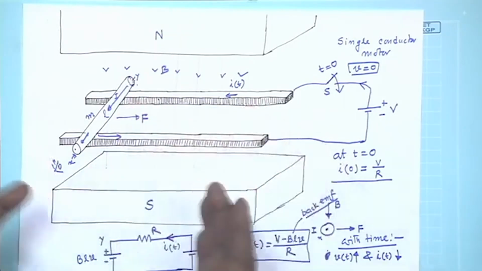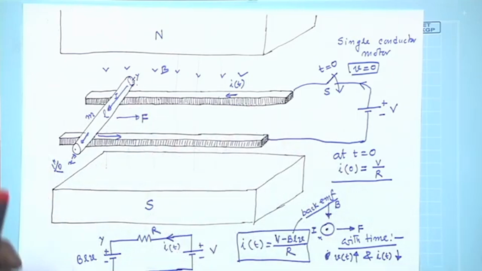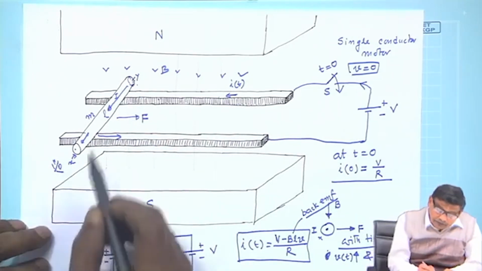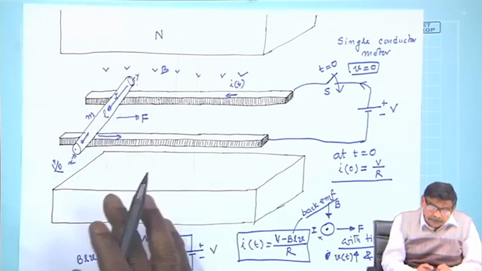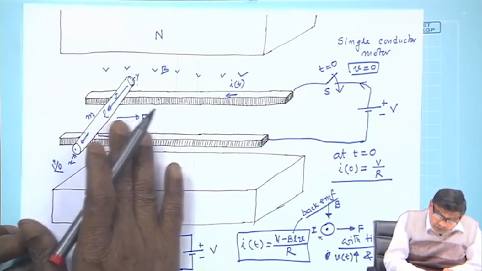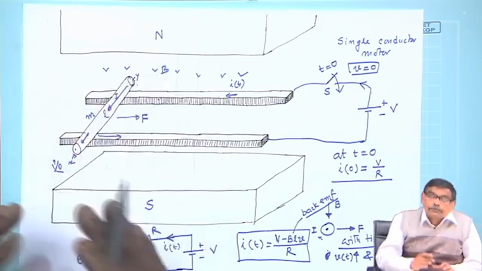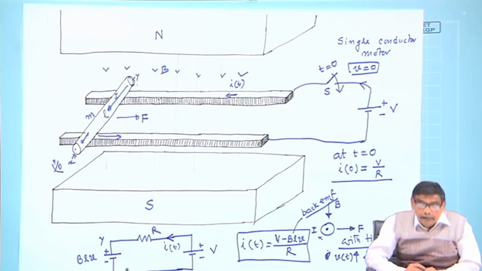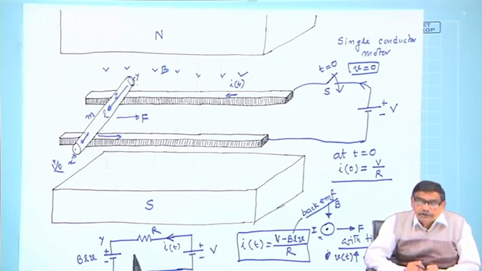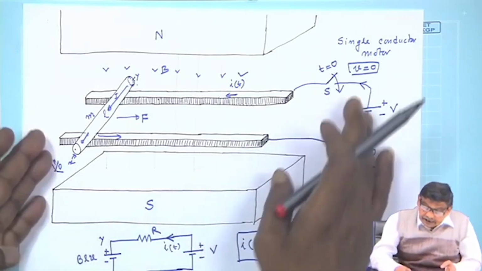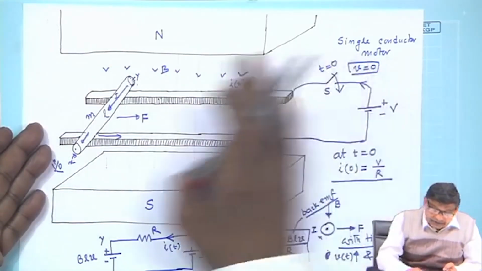It is preparing to move, because of inertia. So, velocity at t 0 plus is also 0, then this force is acting on this mass, therefore, it has to accelerate. The moment it starts moving, it acquires some velocity for t greater than 0, the scenario, this circuit here changes.